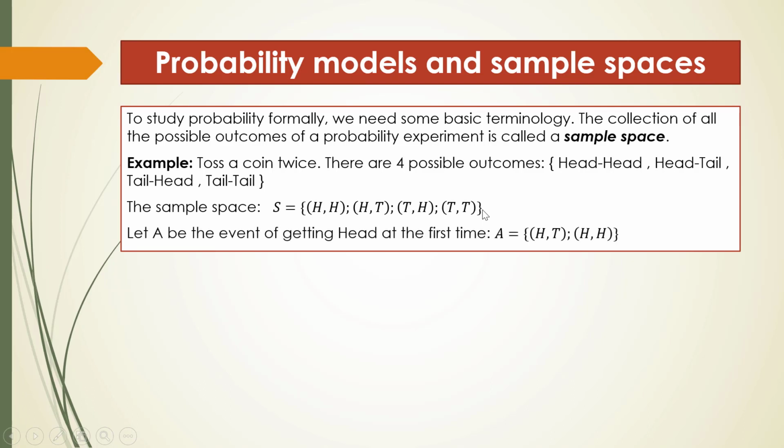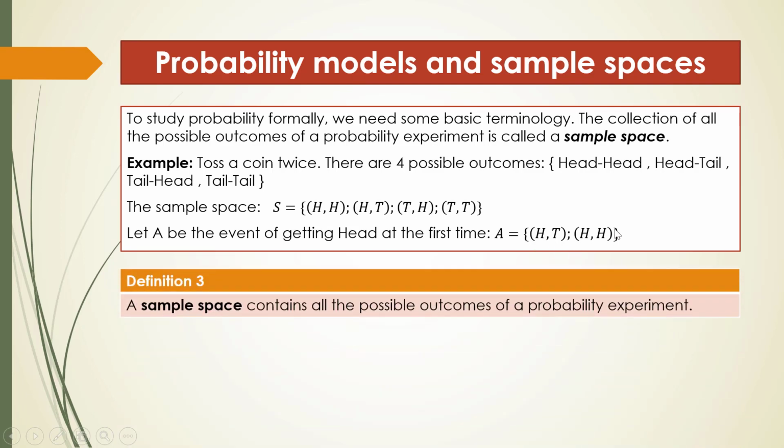If A is the event of getting heads on the first toss, A is basically a collection of 2 ordered pairs, (H,H) and (H,T). So here's the definition of sample space and event.